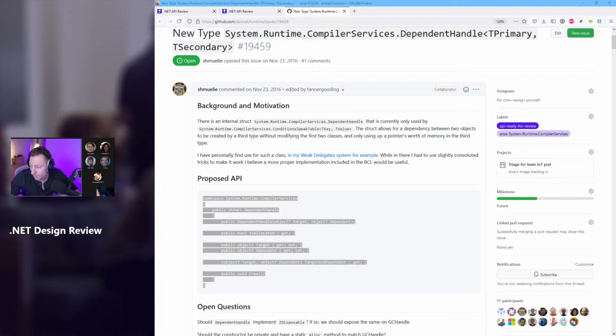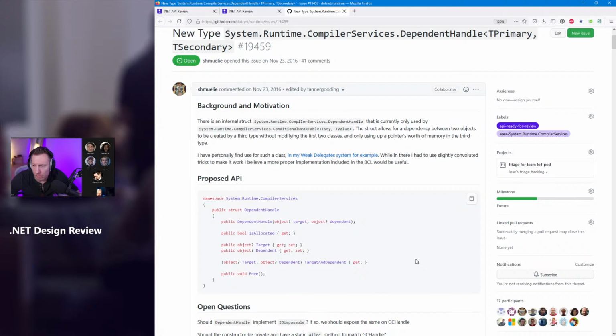Yeah, I do feel that while having a decompose means we get to avoid the is-it-a-method-or-is-it-a-property question, if I called it the dependent handle, it would look really weird to me to decompose a handle. You really want to think of this as a target and dependent, not as other things.